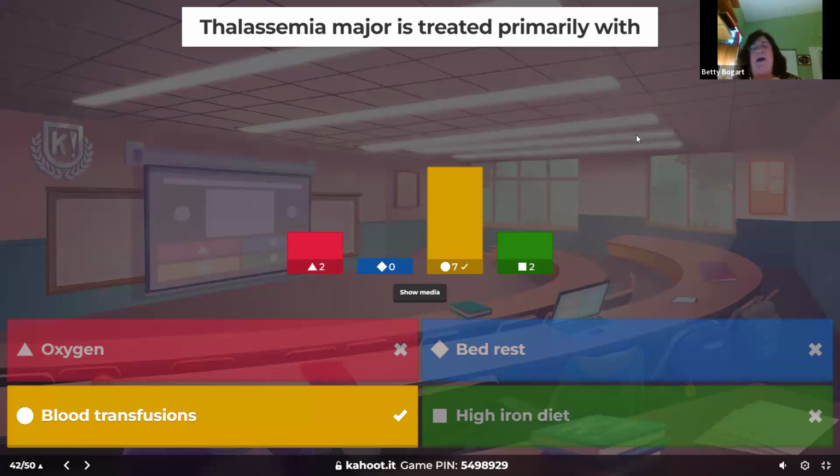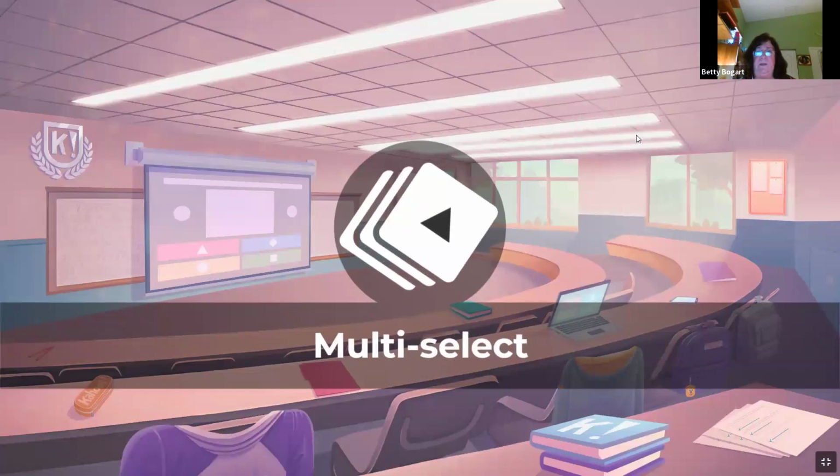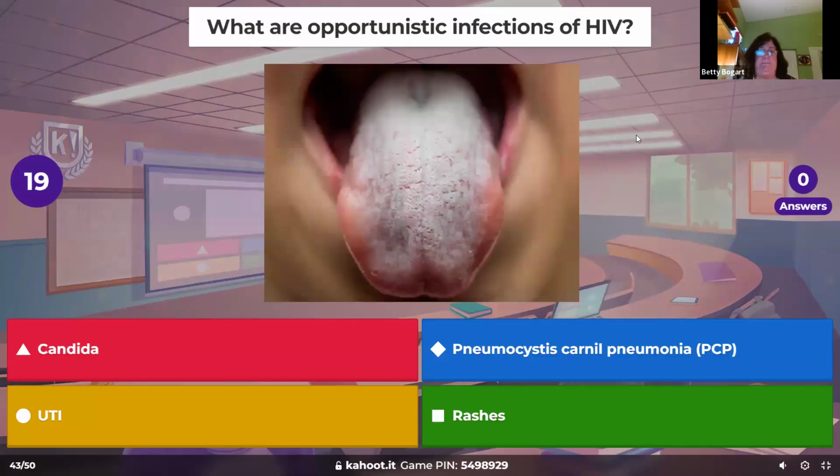And we know that the body only produces those cells. It is treated with blood transfusions. We're also going to be doing chelation therapy because of all that iron that's out there. So, blood transfusions, and then we're going to do chelation therapy to get rid of the excess iron. A multi. What are opportunistic infections of HIV?